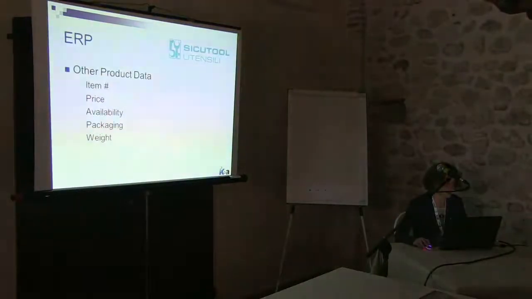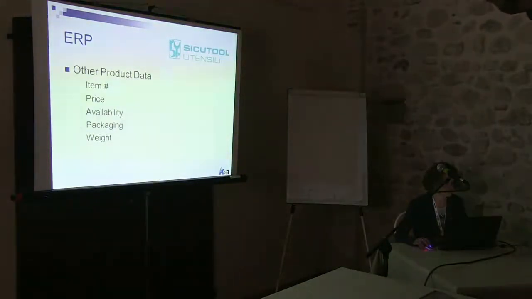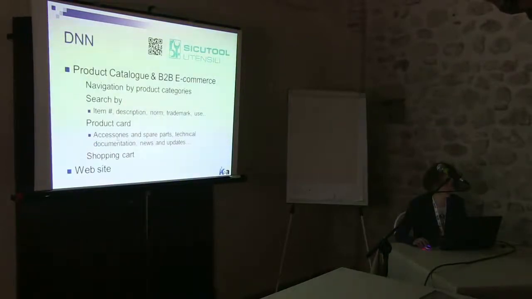Then other product data, so the second data source is an enterprise management system of Sicutool, and here we collect information about, especially about price, availability on stock, packaging and weight of the products. Finally, as I told you, Sicutool use DNN to publish the product catalog and to manage the B2B e-commerce system, but also to manage the whole company's website.